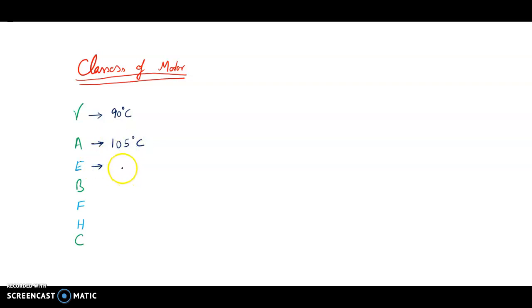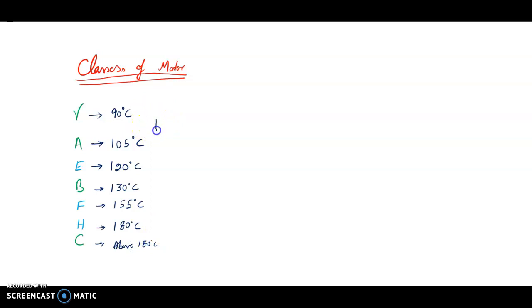Similarly, there is a rise in the insulation strength: 120 degrees centigrade, here 130 degrees centigrade, here again 155 degrees centigrade, and H is 180 degrees centigrade. And C is above 180.